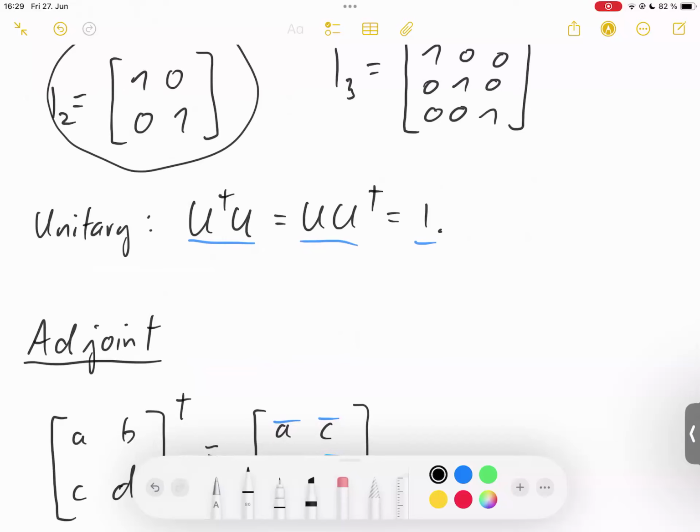Why do we need unitary matrices? In quantum computing, all quantum logic gates need to be unitary matrices for one reason. I'm able to create superpositions, for example, with the Hadamard gate. But when I build larger circuits, sometimes I create superpositions that I don't need later, that I want to undo.